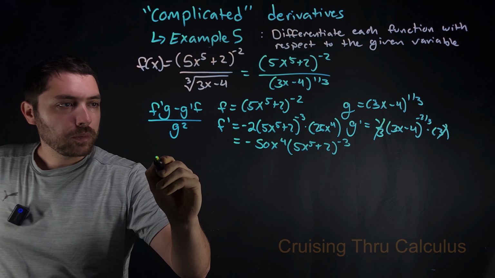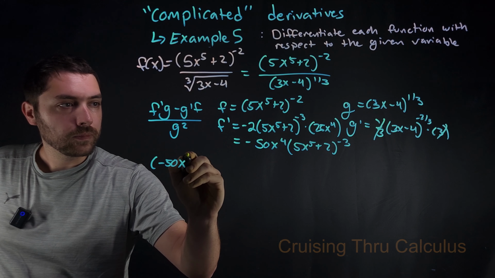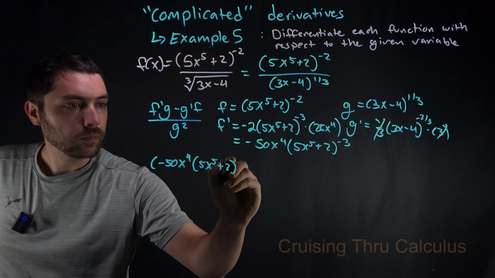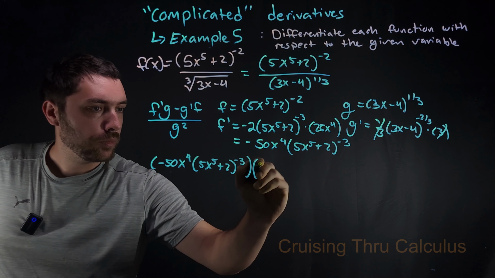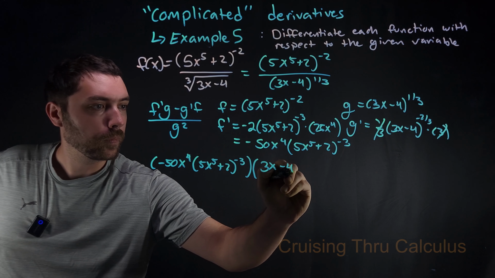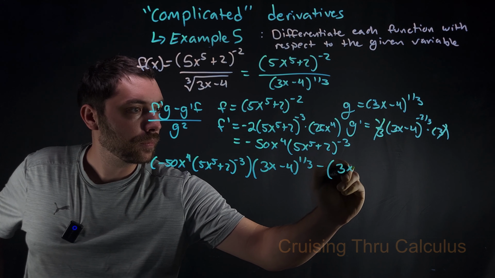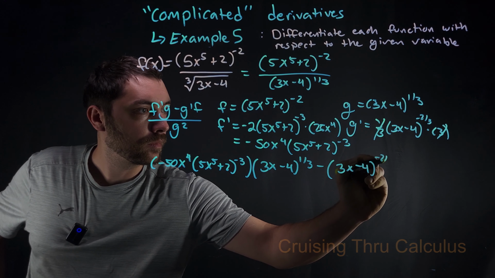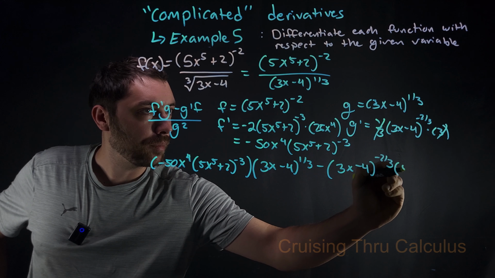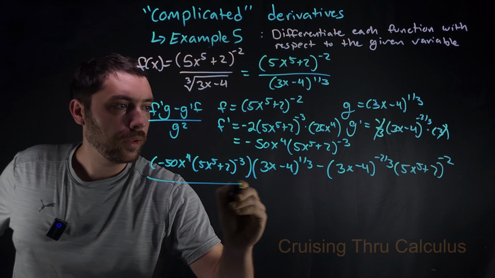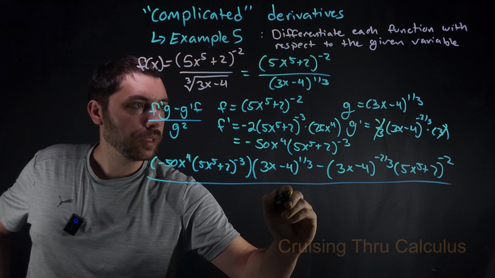So our f prime is this piece, times g, which is that piece up there, minus g prime, which is this piece here, times f, which is that piece up there, all over g squared.